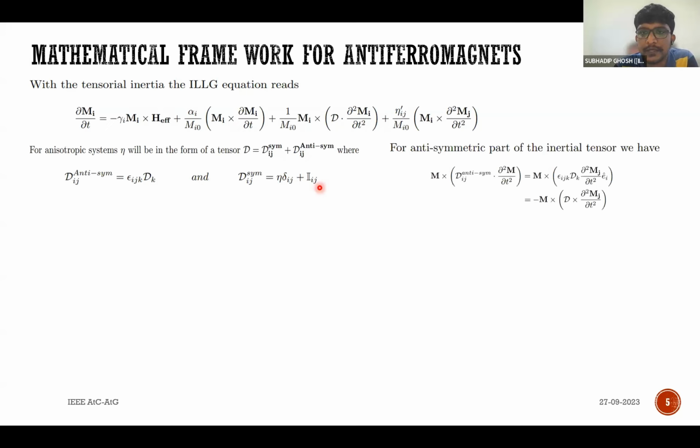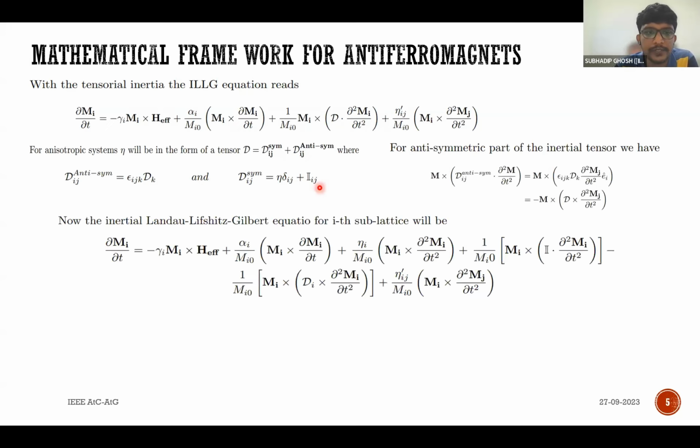Replacing the antisymmetric part in the main equation, we get the inertial Landau-Lifshitz equation in the form of intra-sublattice inertia, denoted by eta i, and inter-sublattice inertia, denoted by eta prime ij.